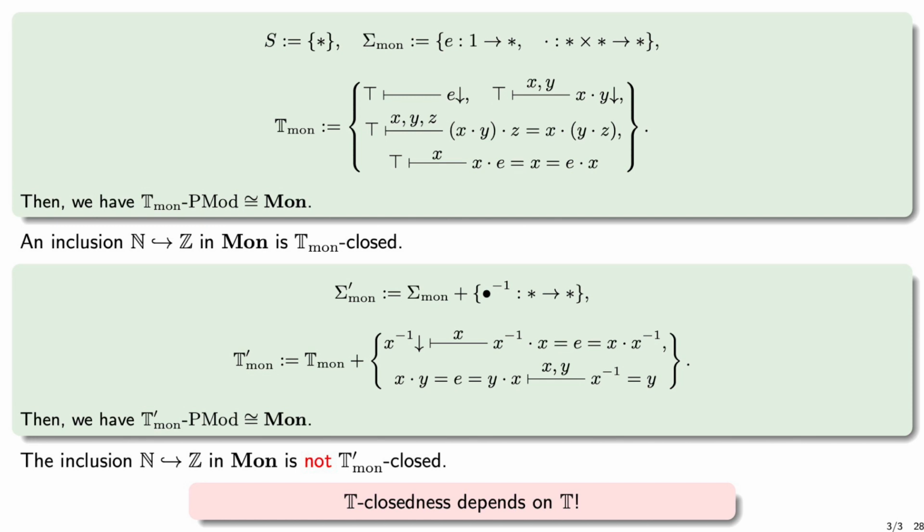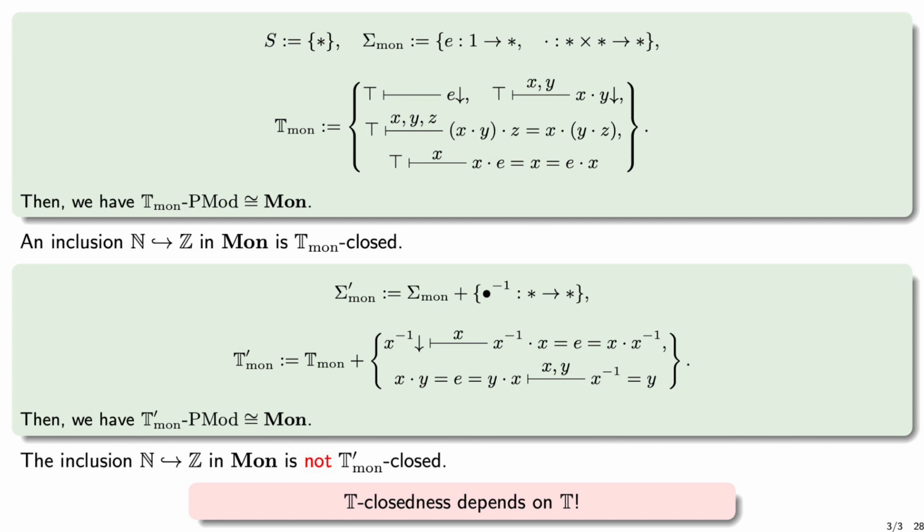By the way, there exists another partial theory of monoids denoted by T-1. This theory has a partial inverse operation in addition to the usual monoid operators. This new operation sends each invertible element to its inverse.